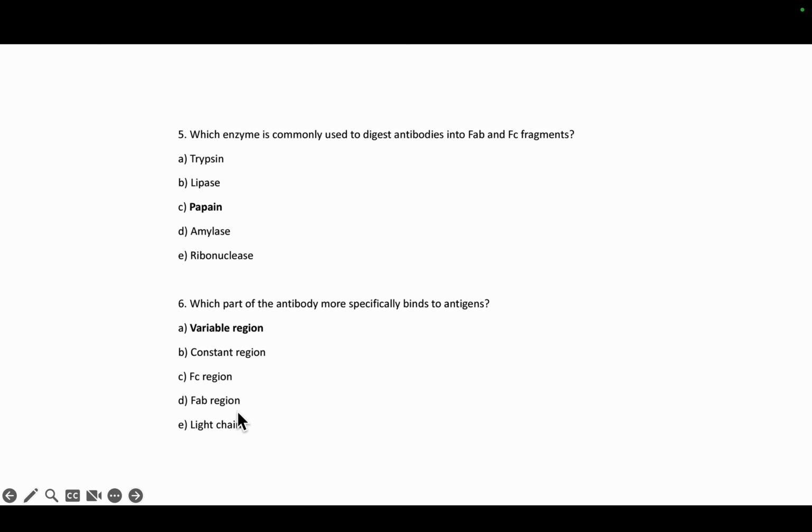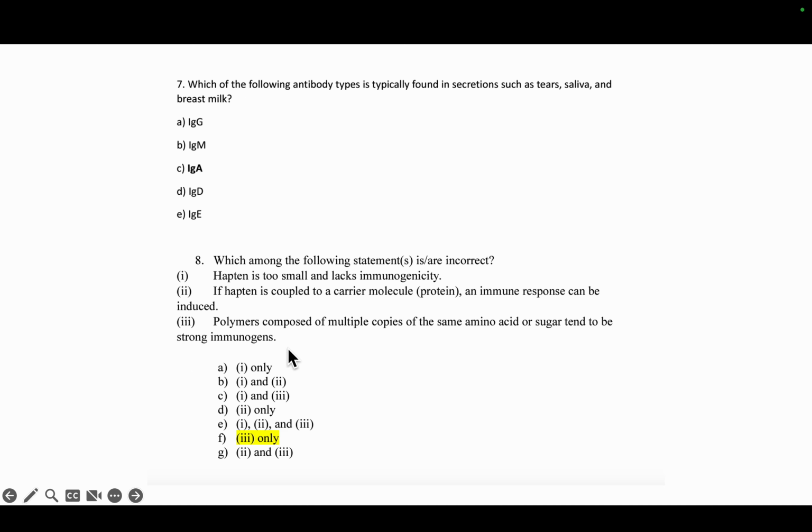The Fab region also contains the variable region, but if you need to say very specifically, you have to say it's variable region, not constant region. Fab means fragment of antibody binding region. Fc means fragment of constant region. The answer will be variable region.